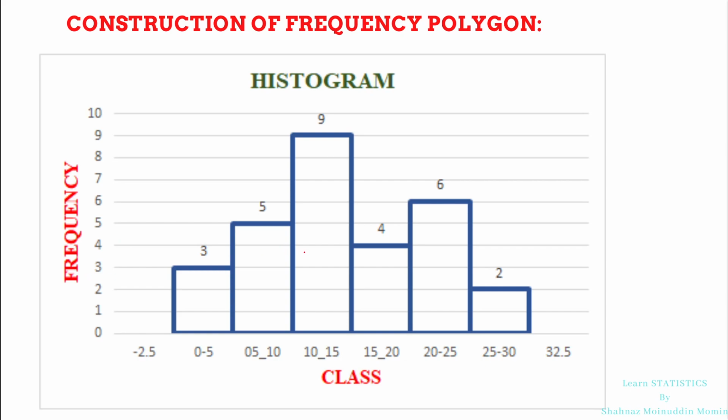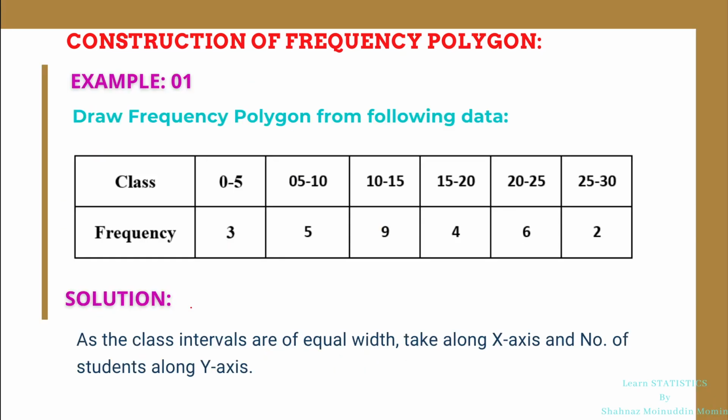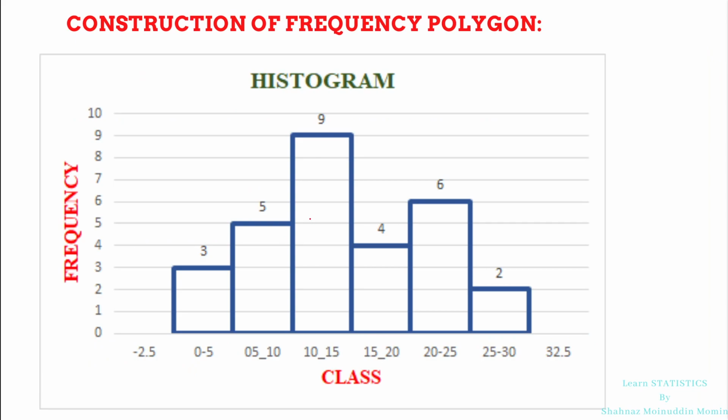Then we draw the rectangles such that the height of each rectangle is proportional to the frequency of that class. See here, class number 1, 0 to 5, has frequency 3. So the first rectangle's height is 3. Similarly, the second class frequency is 5, so the height of its rectangle is 5. Like that, the last class, 25 to 30, has a frequency of 2.